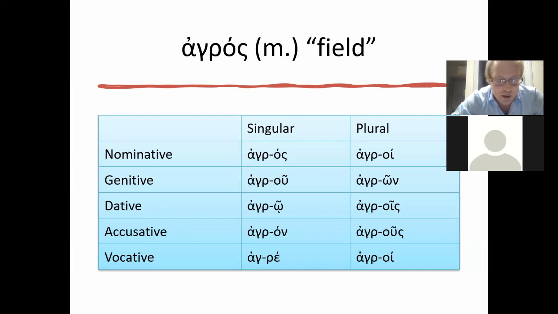Now, so far I have been speaking exclusively of masculine nouns in the second declension. This is because most second declension nouns are masculine. There are, however, also feminine nouns that are inflected according to the second declension in the same way as the masculine ones.